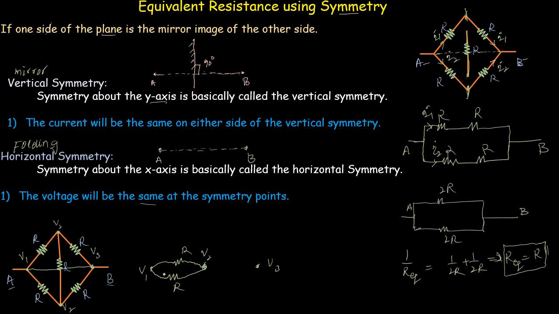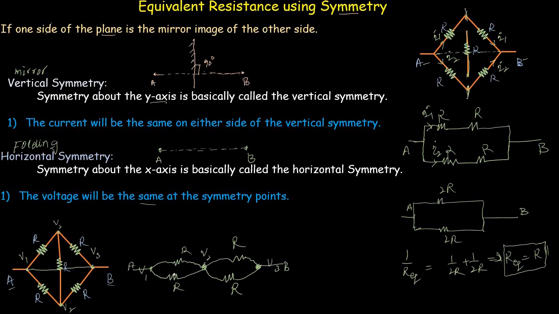Between V2 and V3, we have two resistors R as well. And these are point A and point B.